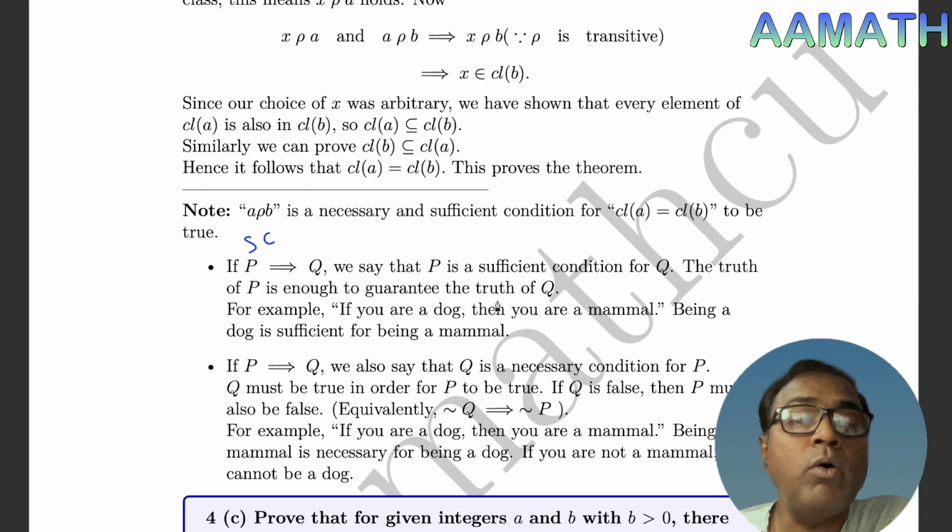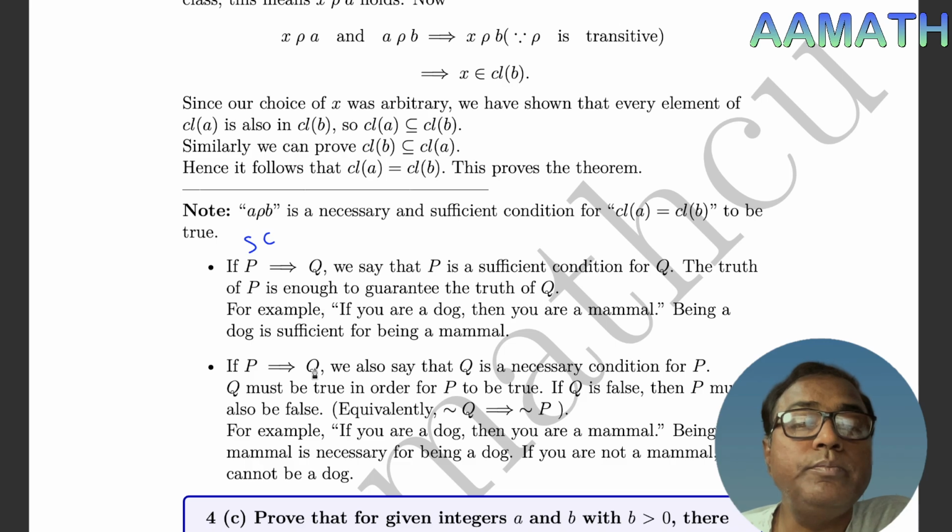Being a dog is sufficient for being a mammal. If you are a dog, obviously you are a mammal. So dog is a sufficient condition for being a mammal.